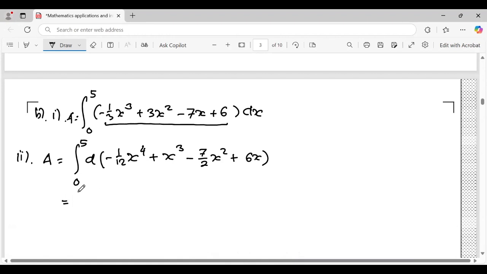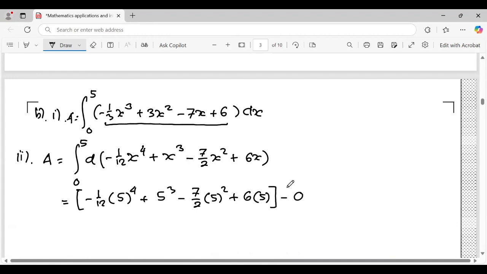And it becomes minus 1 over 12 times 5 to the power 4, plus 5 cubed, minus 7 half times 5 squared, plus 6 times 5, minus 0, because if you substitute 0 into this x, it will be 0.